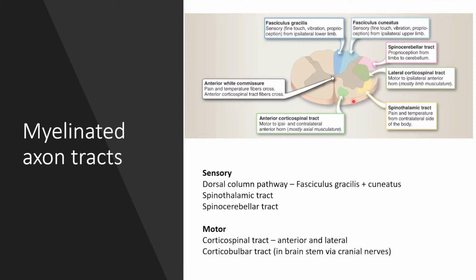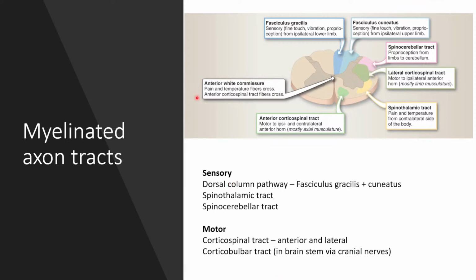Now, the lateral corticospinal is to do with limb musculature. And this one is on the same side. We also have the corticobulbar, which is to do with the brainstem via the cranial nerves. That's not pictured here, which we'll get into a little bit later.